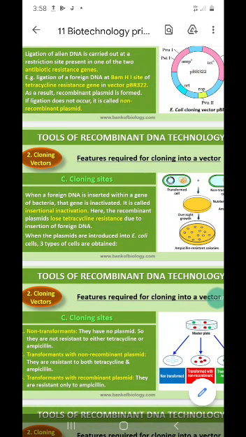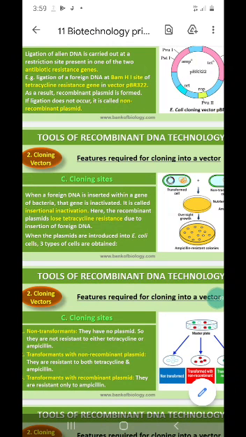Children, when you incorporate a DNA into the plasmid, what is happening? Insertional inactivation is happening. That means the recombinant plasmid will lose the tetracycline or ampicillin resistance nature. When the plasmids are introduced into E. coli, three types of cells are obtained.